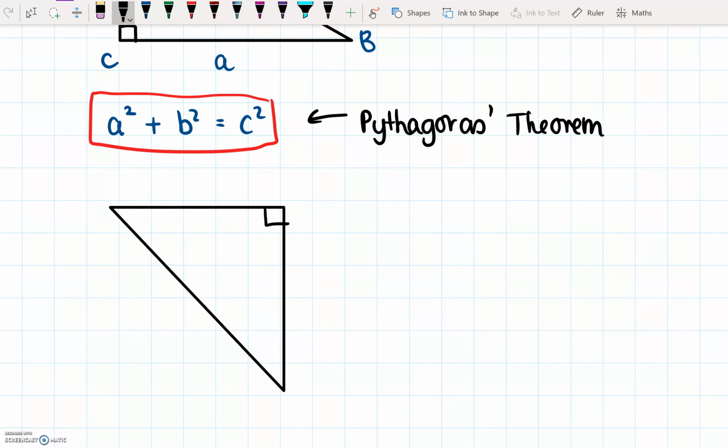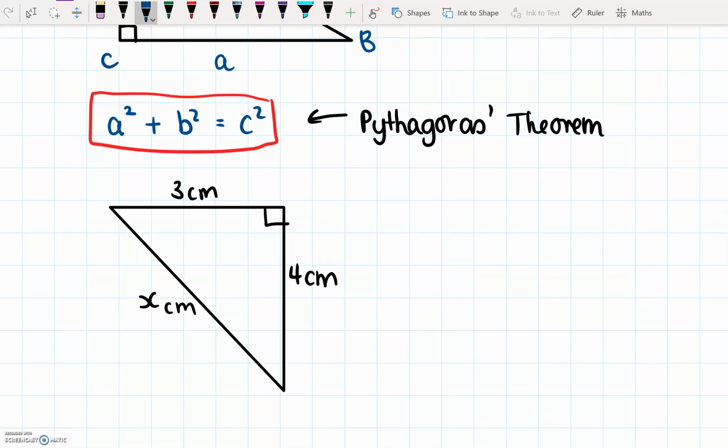We will say that this side is going to be 3 centimeters, this side is going to be 4 centimeters, and this side is going to be X centimeters. We always start by labeling the sides, so always label your sides first.